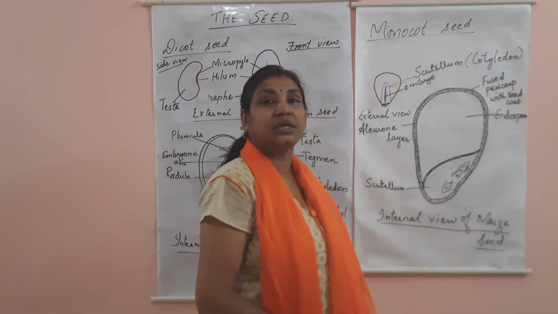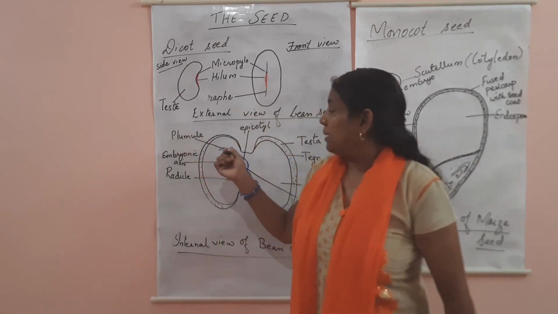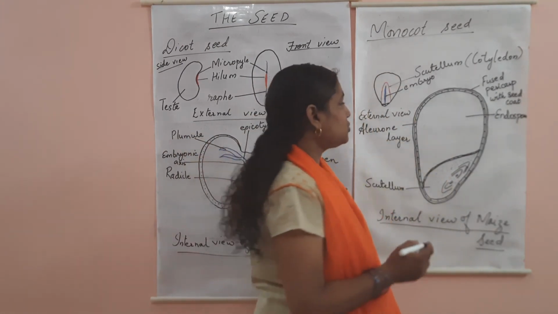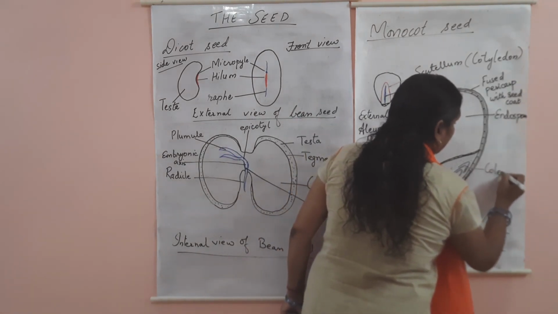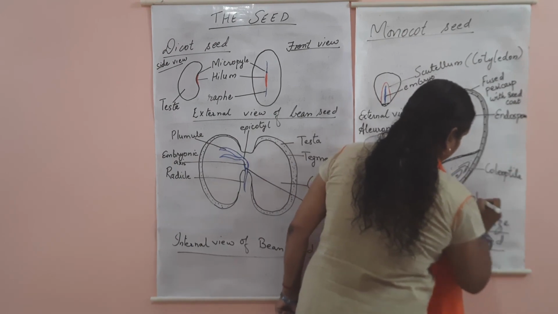Now in maize seed, just like in dicot seed, the embryo is protected. Here it is protected by two special layers called coleoptile and coleorhiza.